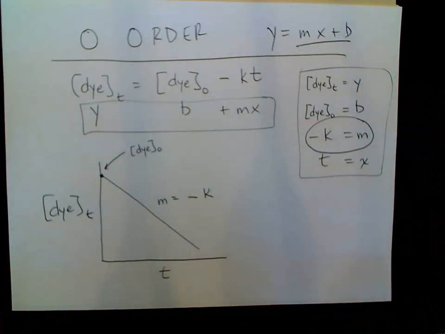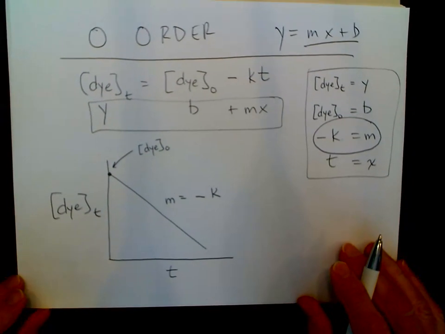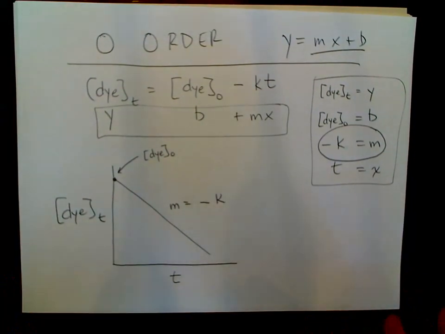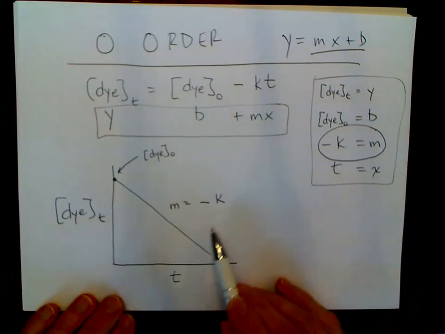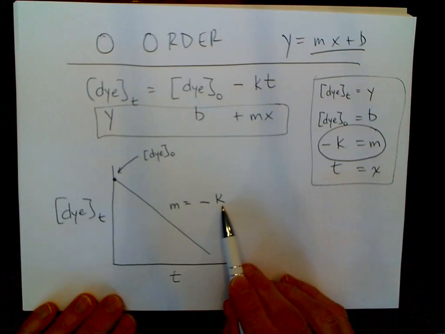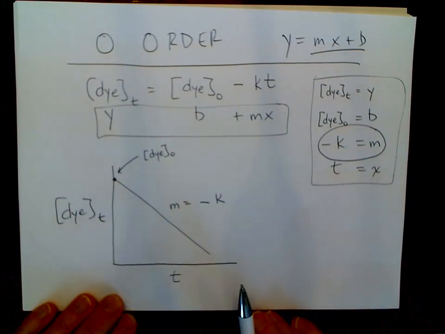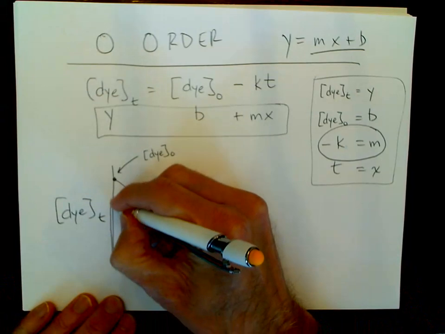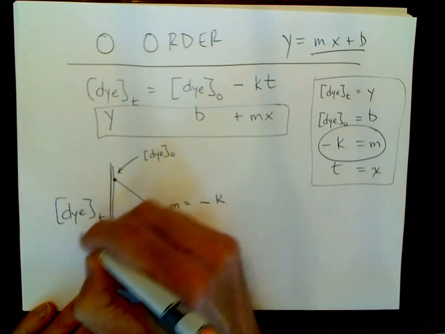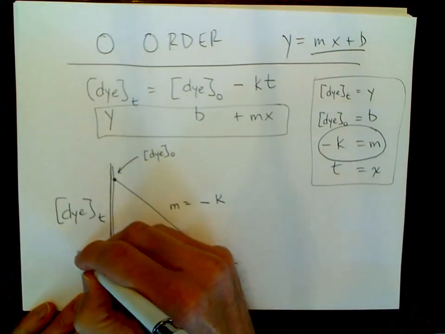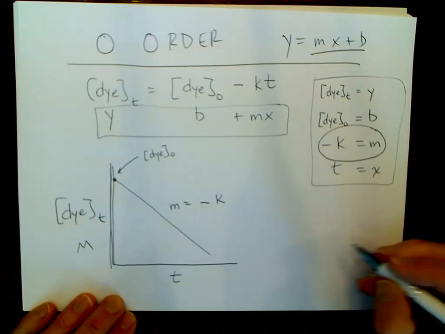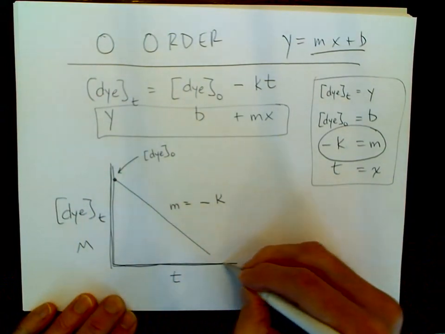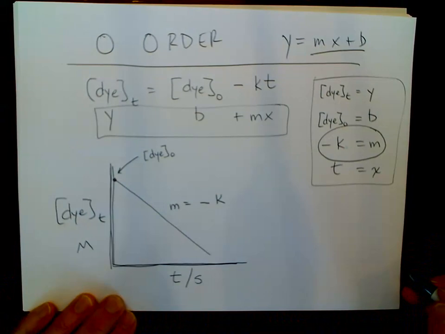And what's nice about this is we can check to make sure that we're doing the right thing here mathematically. The units of the rate constant in this analysis should be the units of the y-axis, which would be molarity, right? This is concentration, so this is units of molarity, divided by the units of the x-axis. We'll just call this seconds.